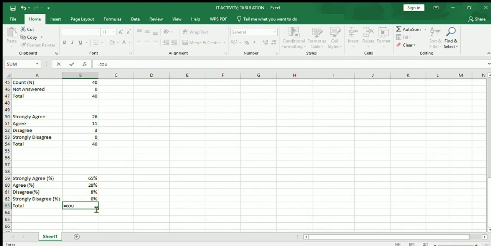Then the formula is equal sign, count if, then highlight the answers of strongly agree, agree, disagree, and strongly disagree percentage, and close parenthesis, and then you enter. Then you will get the total amount, the total percentage of the respondents who answered the questions.